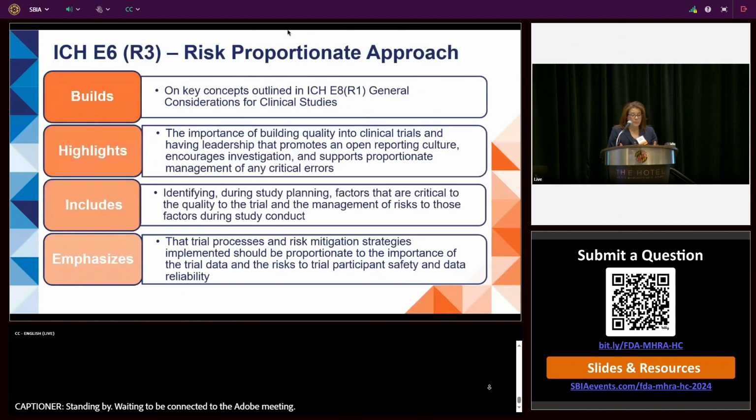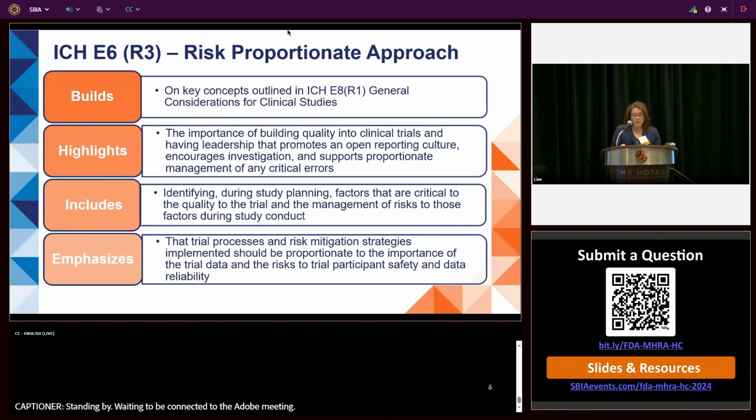So as we heard this morning, the ICH E6 GCP guideline is currently undergoing its third revision. And I'd like to highlight an important change to this guideline that we've already talked about today. And that is the use of risk proportionate approaches throughout the clinical trial lifecycle.